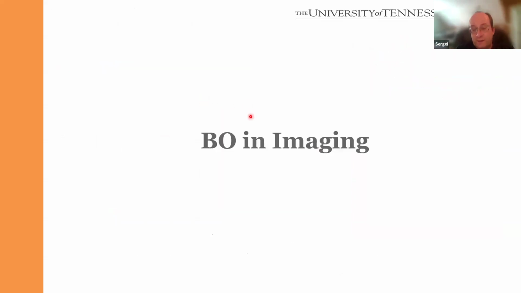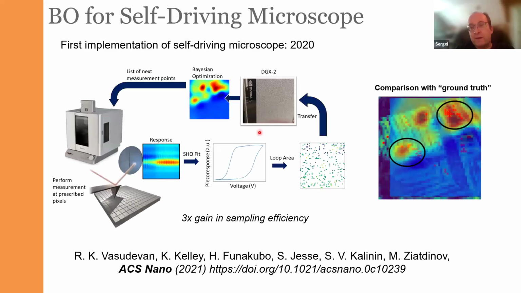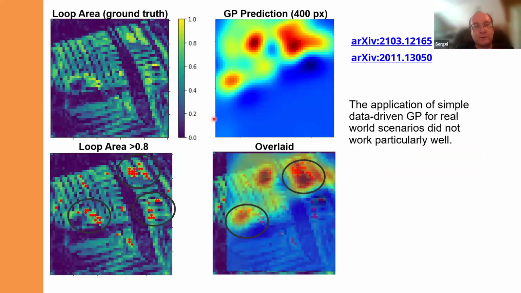Does it work for imaging? I've shown you the example that if we try to use Bayesian optimization just for imaging, meaning to learn the black box function of the image contrast from the measurements, that actually does not work well at all. In this case, we can get results which look plausible, but ultimately they don't tell us much compared to the ground truth measurements.